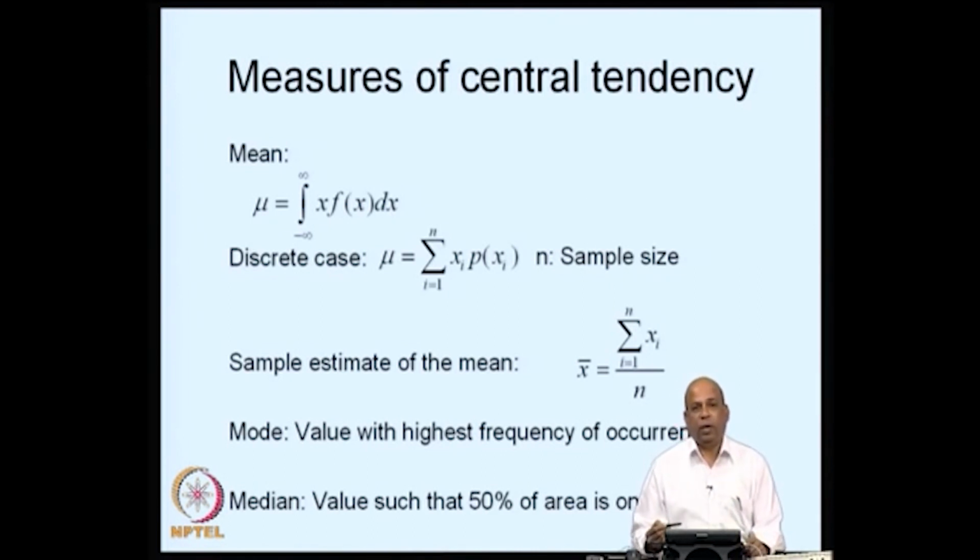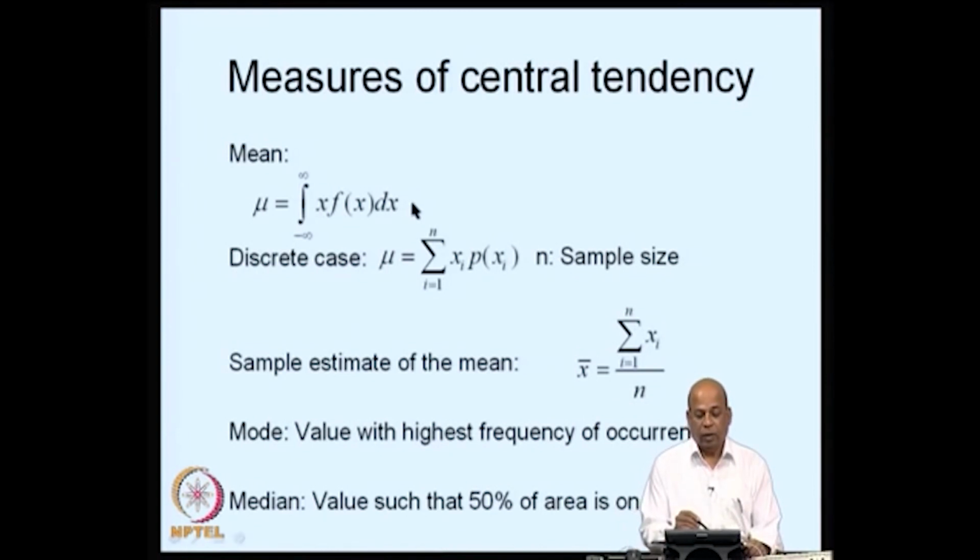So, first we define measures of central tendency, and the most important measure of central tendency is the mean, which we just defined. So, mu is given by integral minus infinity to plus infinity x f x dx in the case of continuous random variables.